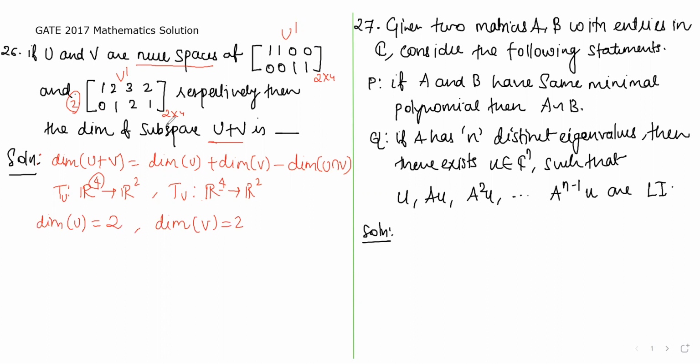Now I've got these, and all I'm worried about is the dimension of U intersection V. So consider U intersection V to be a matrix again, and just plug in all of them the way they are: 1 1 0 0, 0 0 1 1, 1 2 3 2, 0 1 2 1.